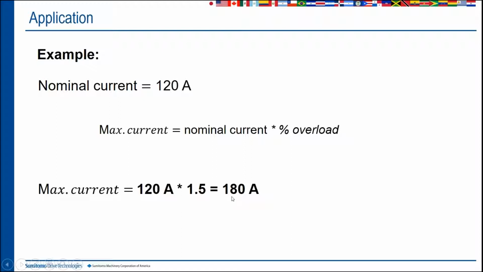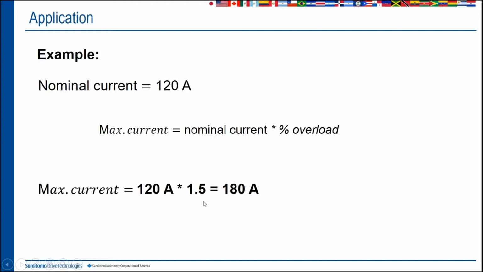Sometimes it depends on the drive, but the Invertek drives can support this kind of overload for 60 seconds. And actually, it can give you 200% of the nominal current for 5 seconds.